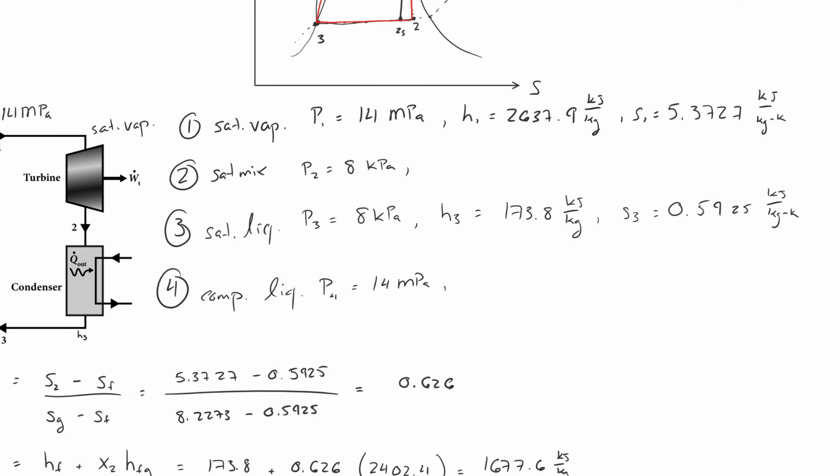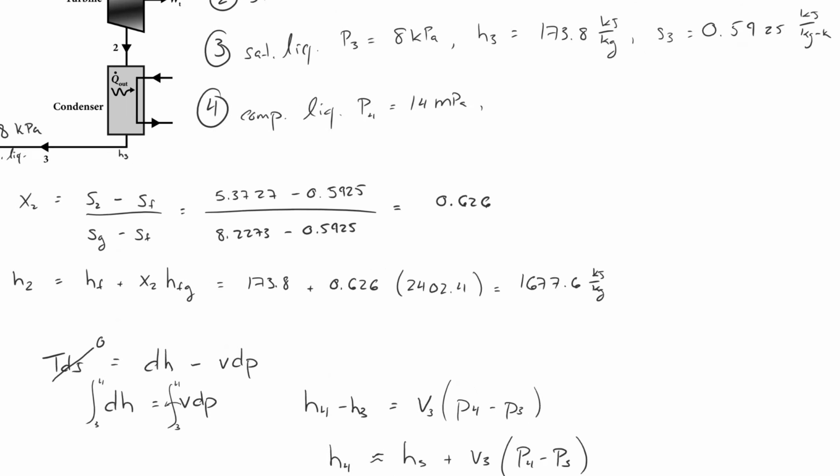Okay? This time, the entropy at state 2 is not equal to the entropy at state 1. Now, at state 3, nothing has changed. I still have a saturated liquid at 8 kilopascals, and I do have a compressed liquid at 14 megapascals at state 4, but again, S4 does not equal S3 anymore.